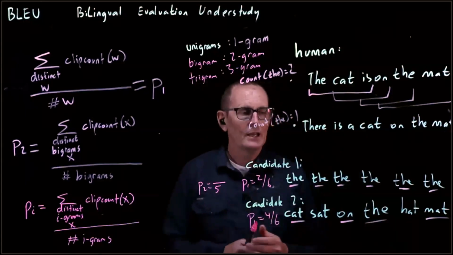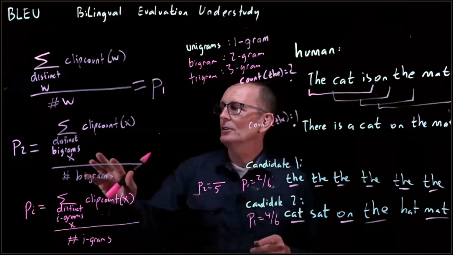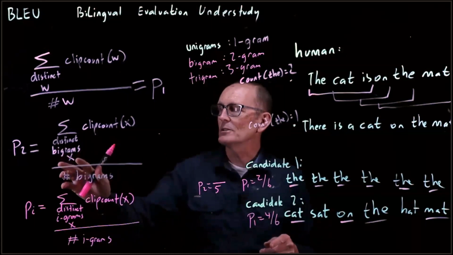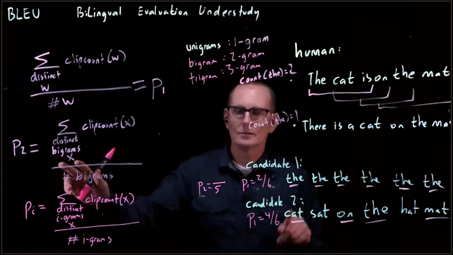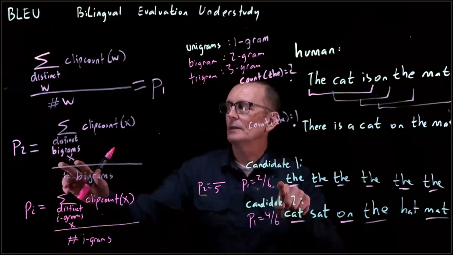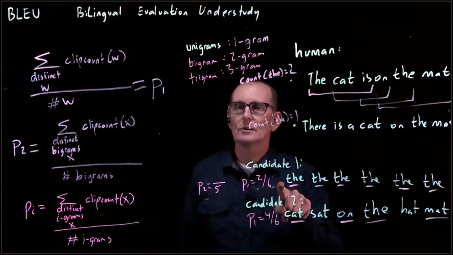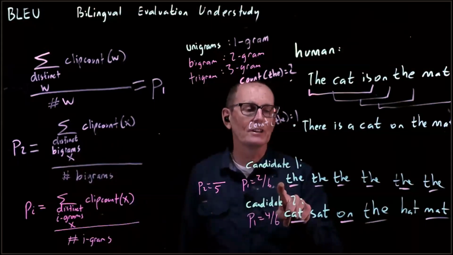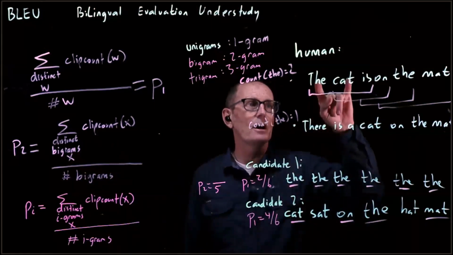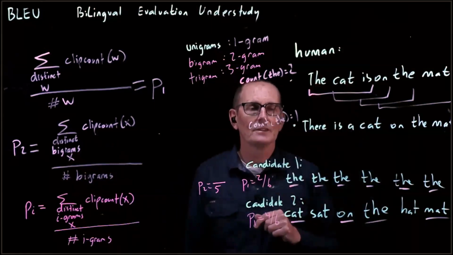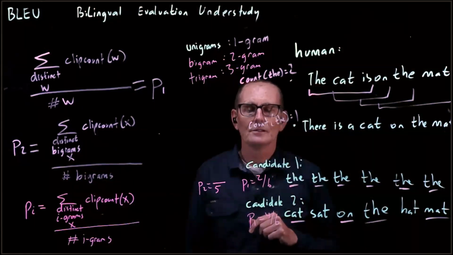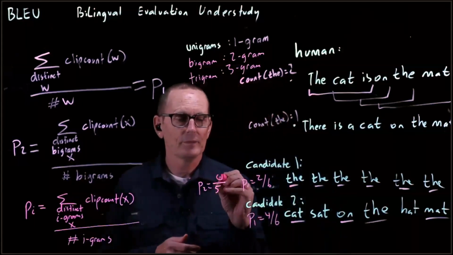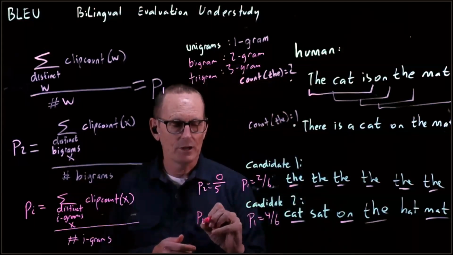All right. And how many unique bigrams, how many distinct bigrams are there in candidate 1? Just 1. Just one. And what's the clip count of it? How many times does it appear anywhere here? 0. Yeah, that's 0. Now let's check P2 here.